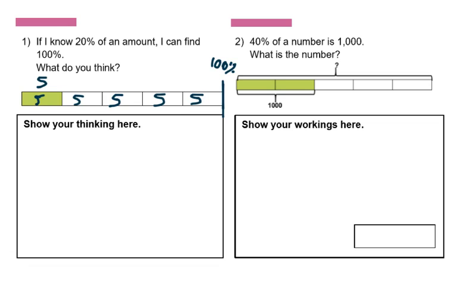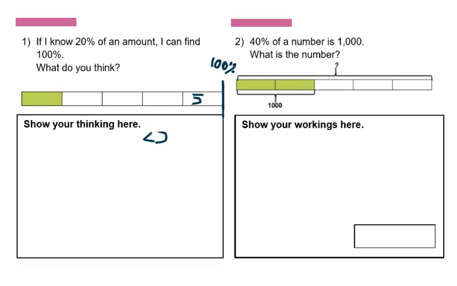They all must be 5 because they're equal. So now I can think, right, well, I know I've got 5 here 5 times. 1, 2, 3, 4, 5. So that means that my 100% is 5 lots of 5, 25.